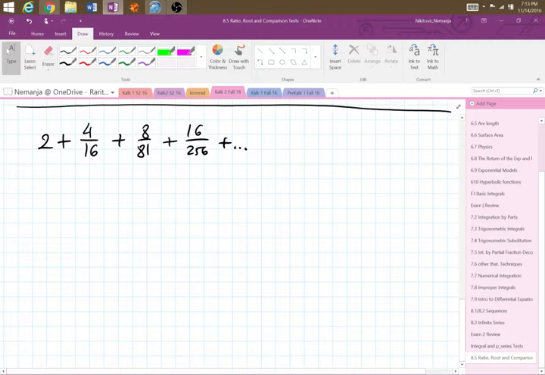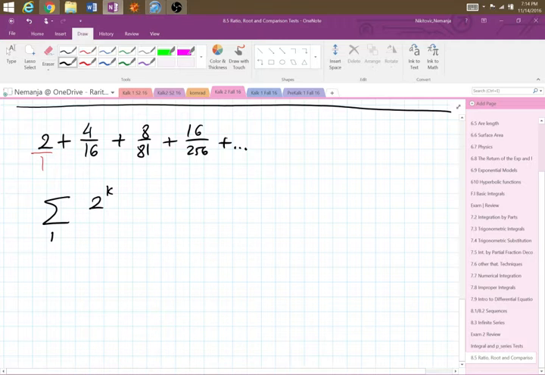You don't need to figure out any more terms. All you need to do is compress this into a sum that will have a formula to it and then unleash ratio test upon it. Let's see. We're going to write 2 over 1 over here. So what is this summation? The top goes 2, 4, 8, 16. That looks like 2 to the k, where k starts at 1.